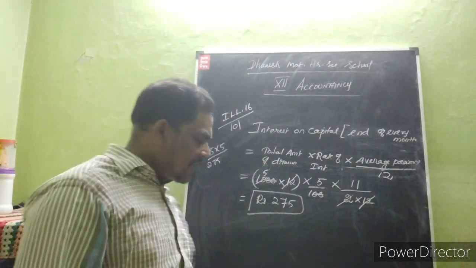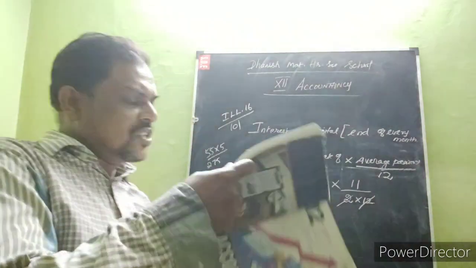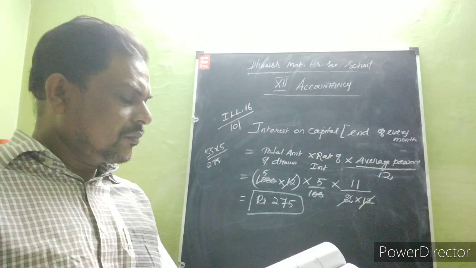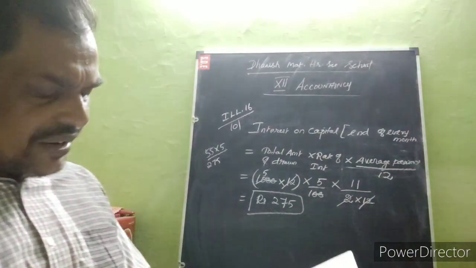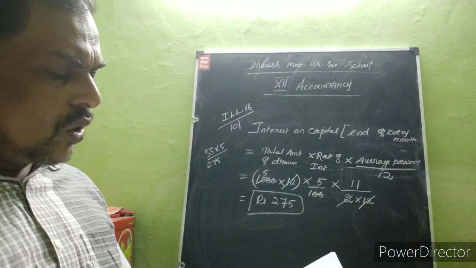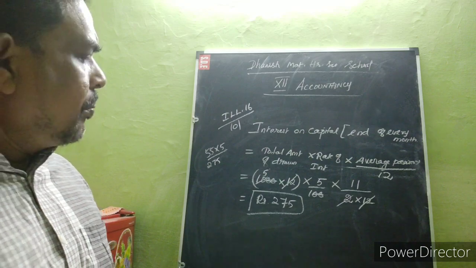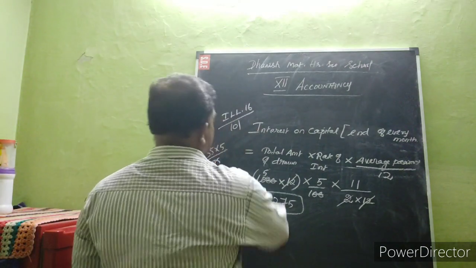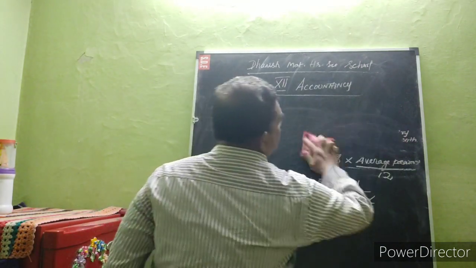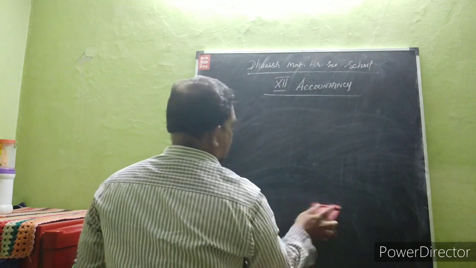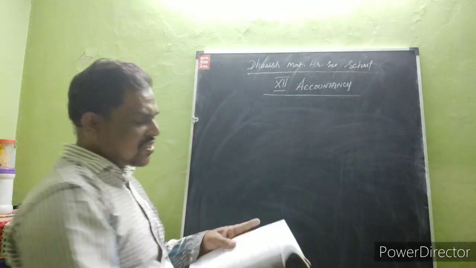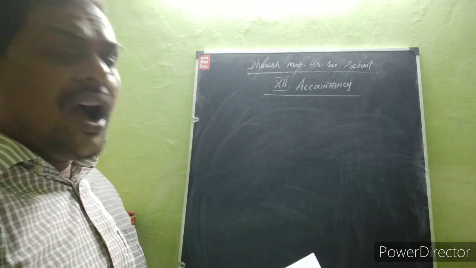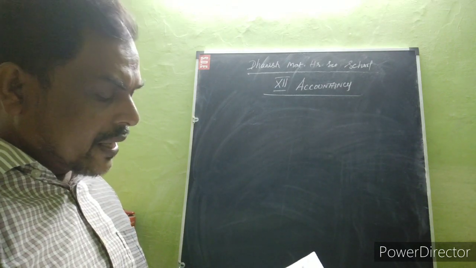Okay, now let us see one more sum. Illustration 17. Illustration 17: Priya and Kavita are partners.